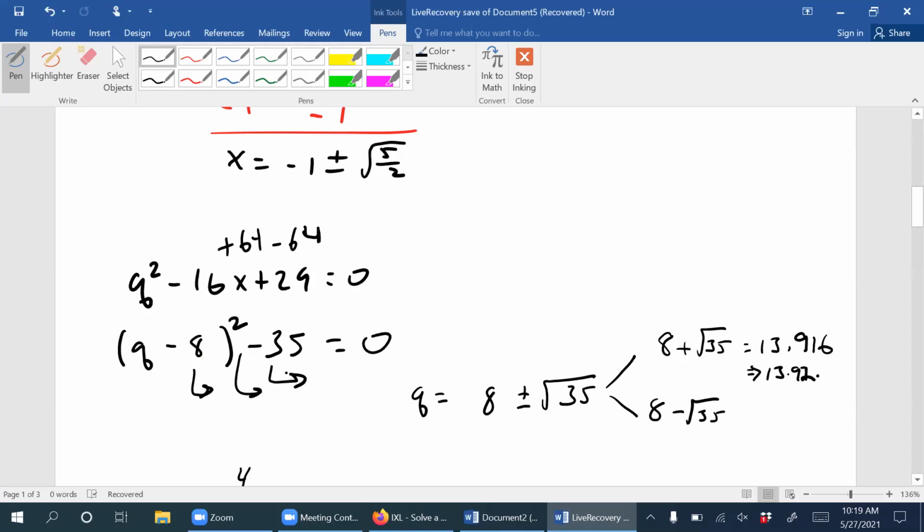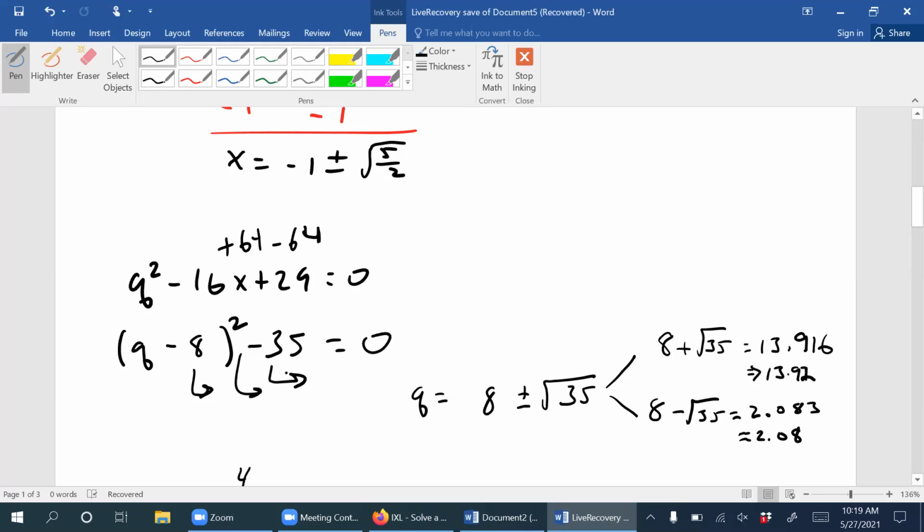If you try typing that on your calculator, or download one on your phone. Next one is 8 minus the square root of 35. I'm getting 2.083, which rounds to approximately 2.08 because they want the nearest hundredths.